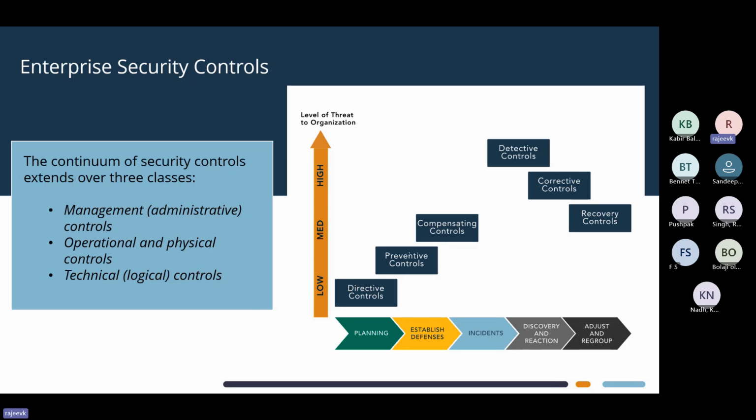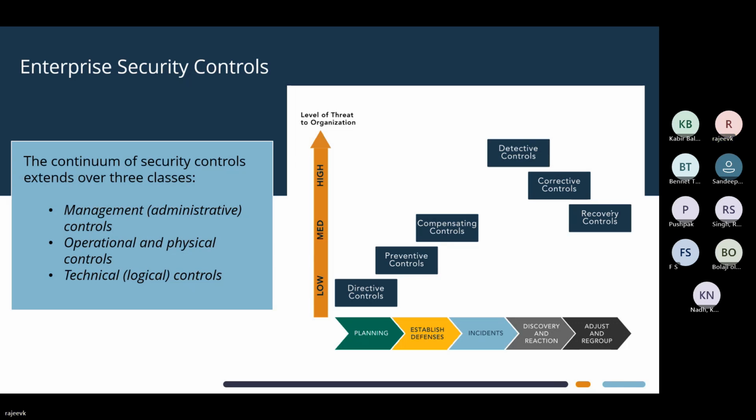Okay. Preventive control through which you can prevent the attack. Compensative control like WAF with firewall. So if the firewall doesn't work, WAF can compensate for the issue of your primary control. Detective control like SIEM, IDS. These are basically helping you to detect the attack. Corrective control. Like if you have the data backup, it will help you to correct the situation.